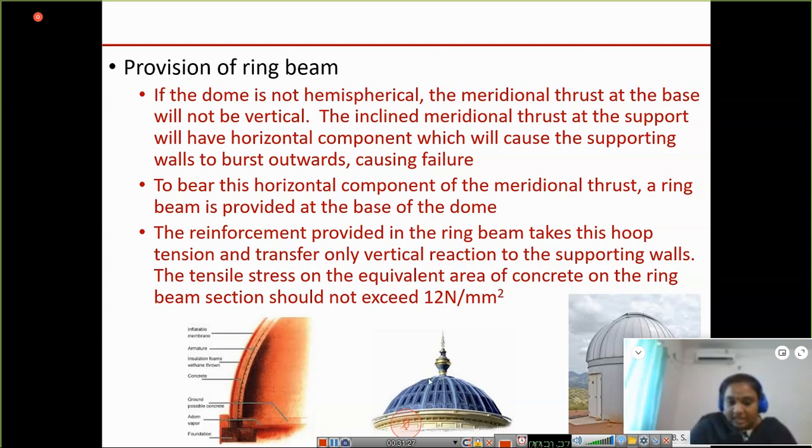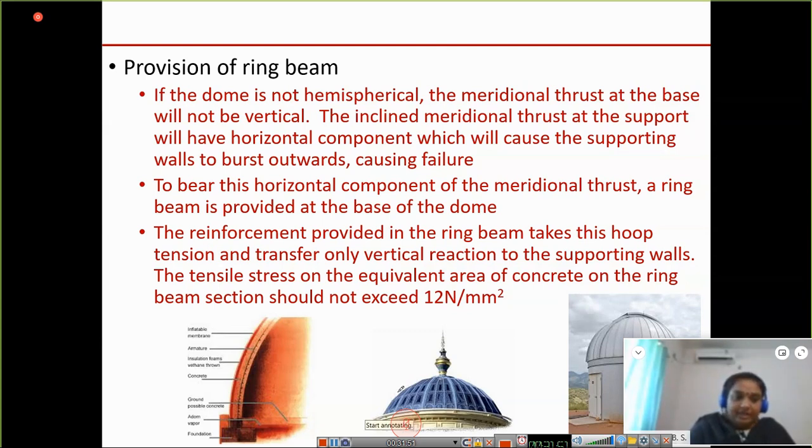But if our dome is not a semicircular one, not hemispherical, what will happen? In this case, the material stress component will be something like this. Let me try to annotate. It is something like this.